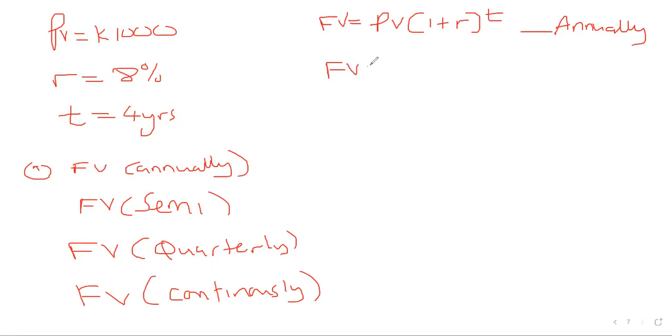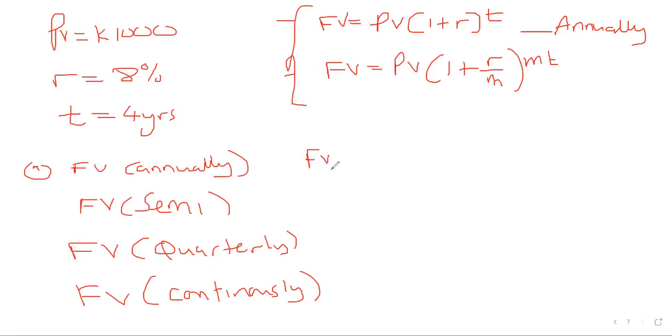If you're compounding more than once, the formula becomes (1 + r/m)^(mt), where m is the number of compoundings. But for future value annually, I'm just going to use the annual formula. However, I like this general formula because it applies everywhere.